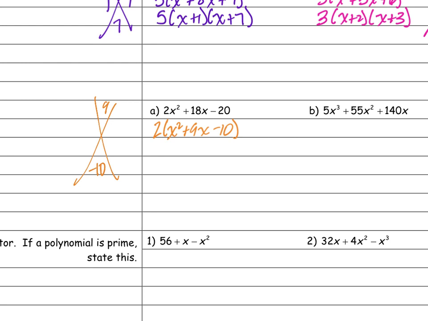Well, 2 and 5, oops. 2 and 5 multiply to be 10, but they don't add to be 9. But 10 times 1 multiplies to be 10. And if I do 10 minus 1, I get negative 9. So that would be 2 times x plus 10 times x minus 1.